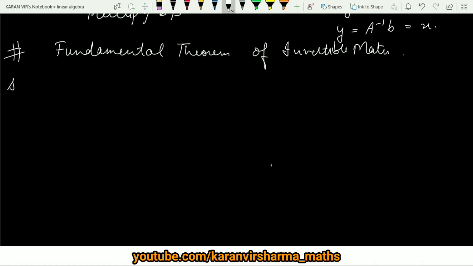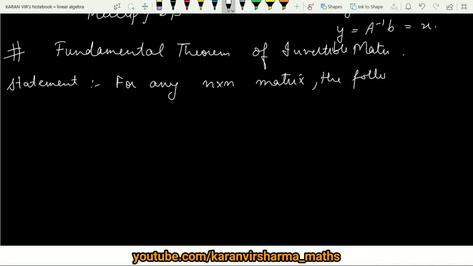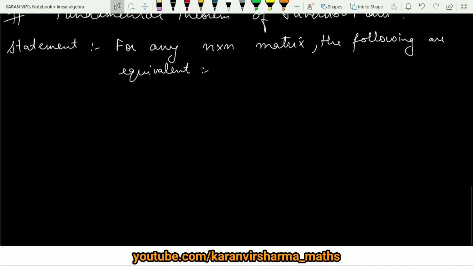So the statement says, if we consider any n cross n matrix, the following are equivalent. So what are those following statements?